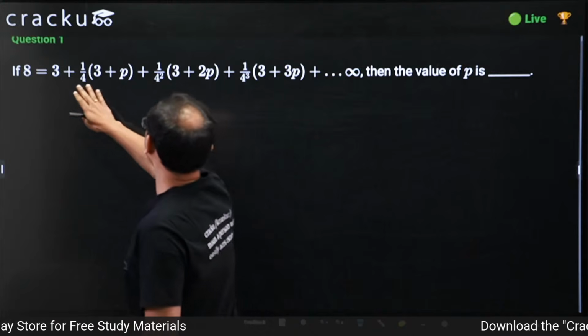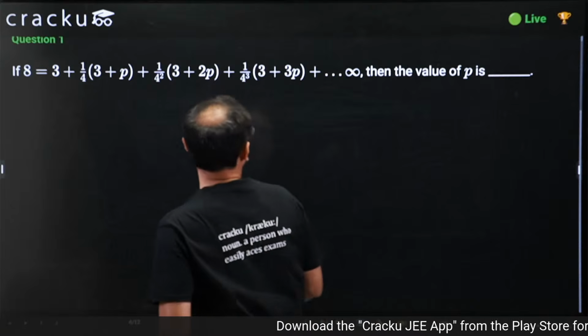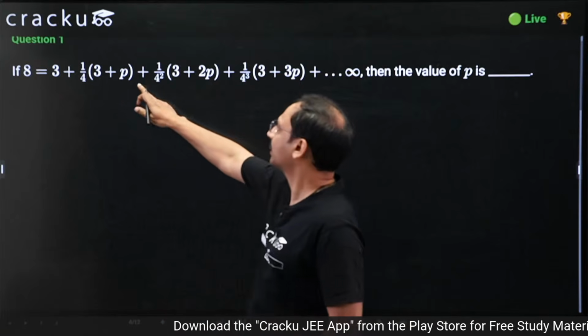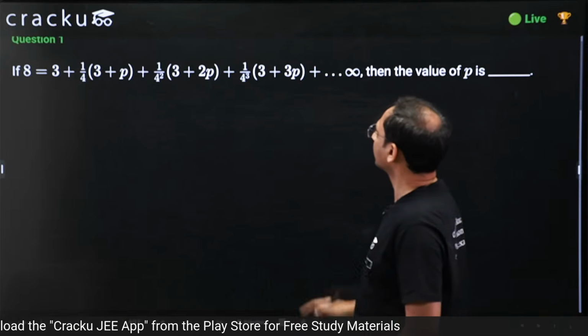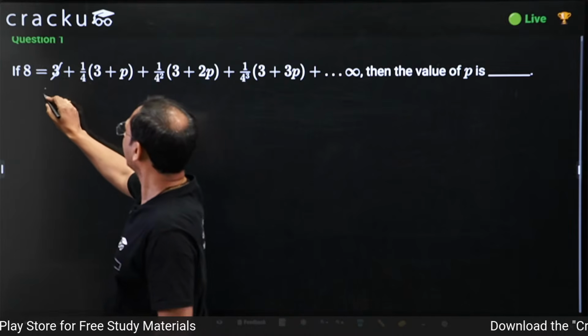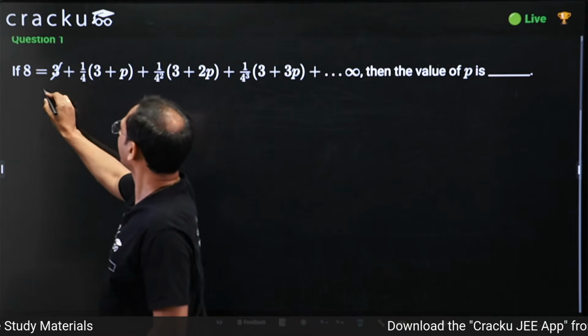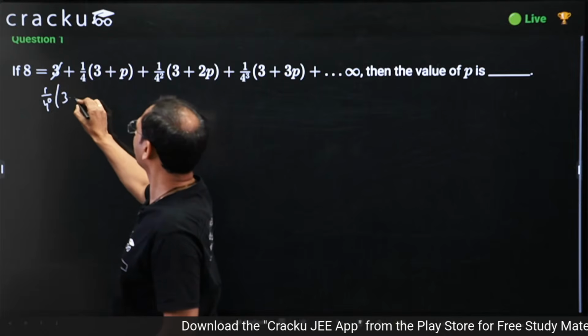So he has given us an infinite series and is saying that the sum of this series is 8. We need to find the value of this particular P. So if you observe, in each and every term, we have sum of two terms. This one I can write as 1 by 4 power 0, which is 1, into 3 plus 0p.